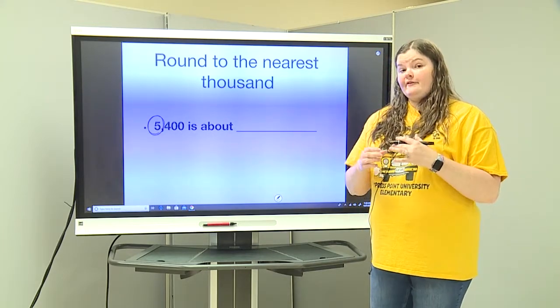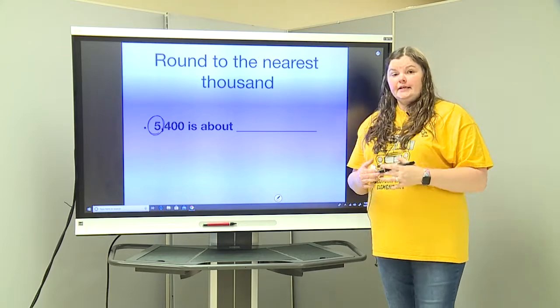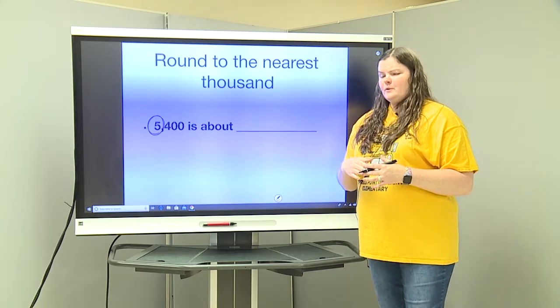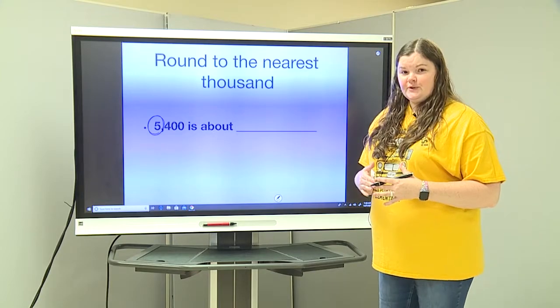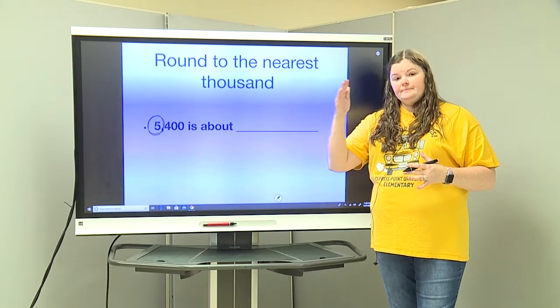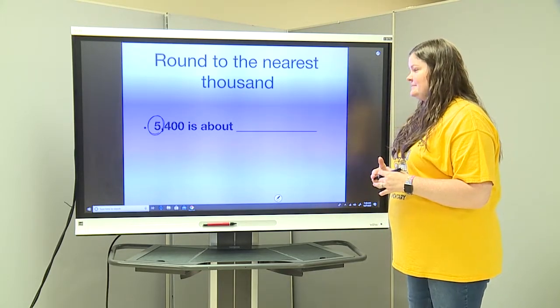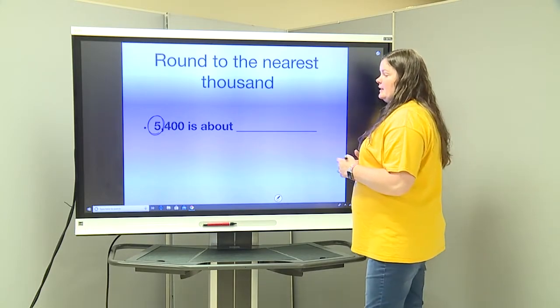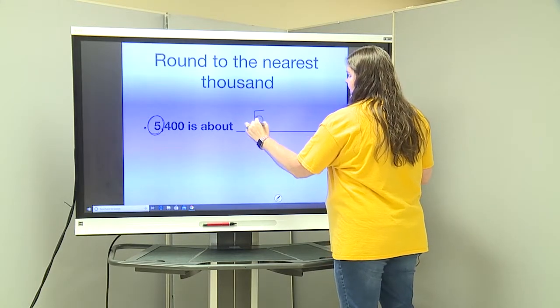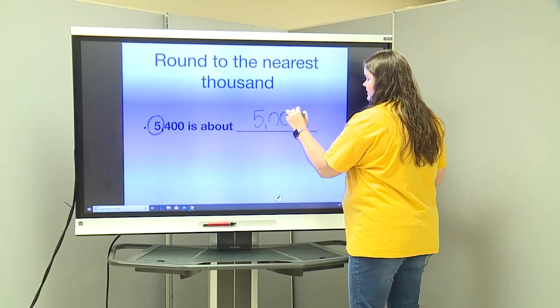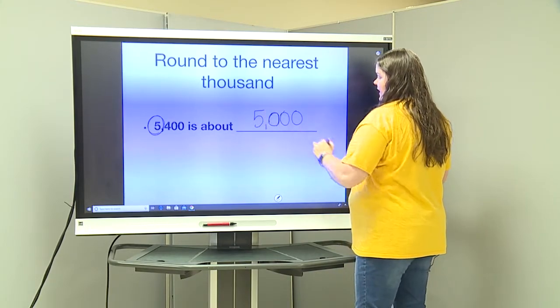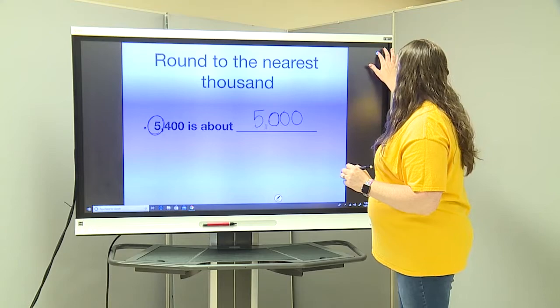Our midpoint would be 5,500. So where would 5,400 fall? Is it going to be above the midpoint or below the midpoint? It's going to go below the midpoint, so it's going to round down and become about 5,000. Good job.